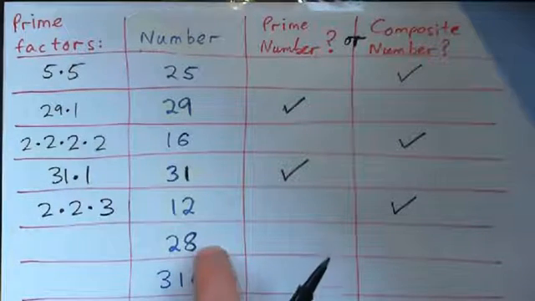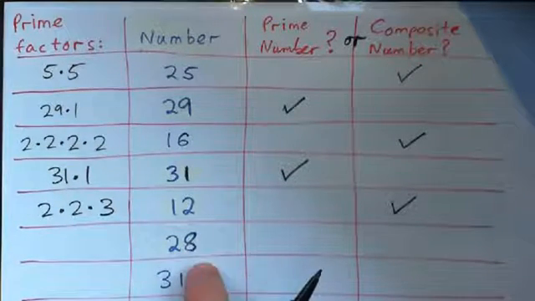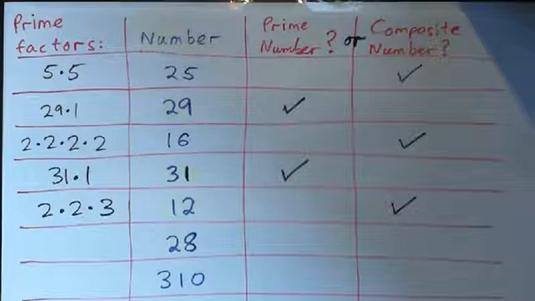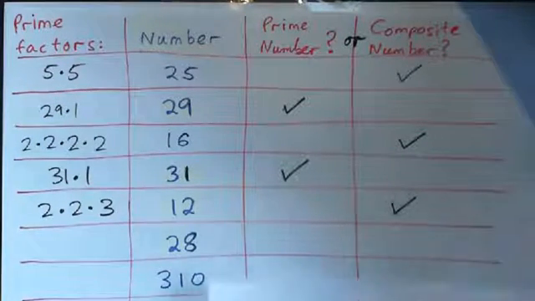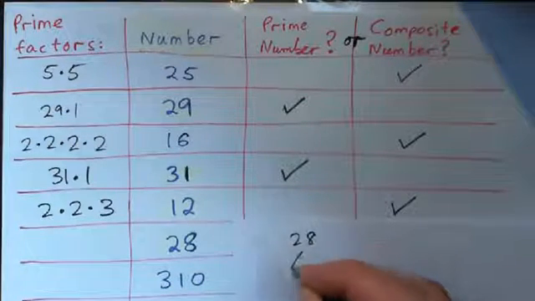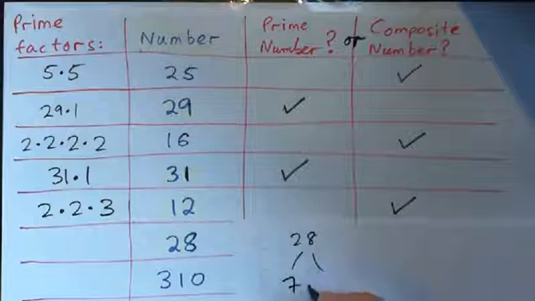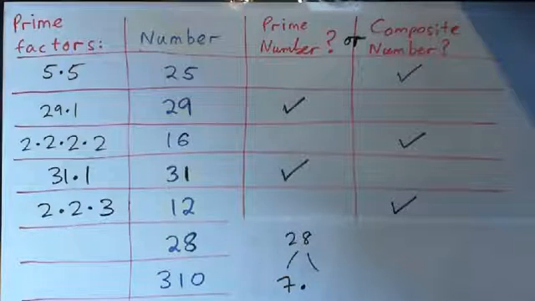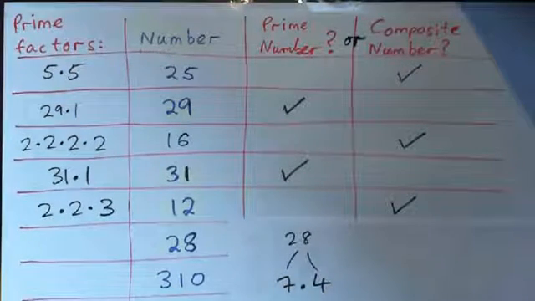Okay, press pause and do 28. Break 28 down to its prime factors. Okay, now I'll try it. 28 is 7 times what? 7 goes in there, doesn't it? You might know your times tables, hopefully. 7 times 4, right?